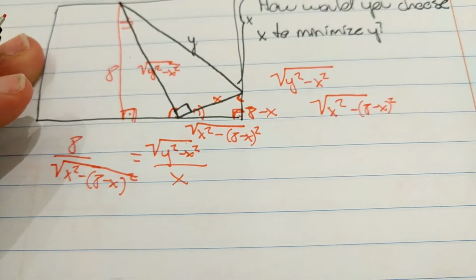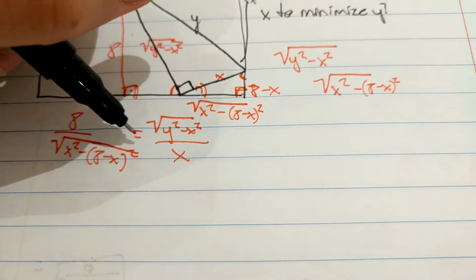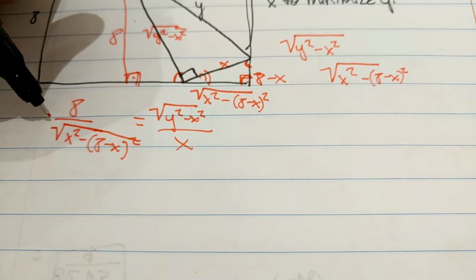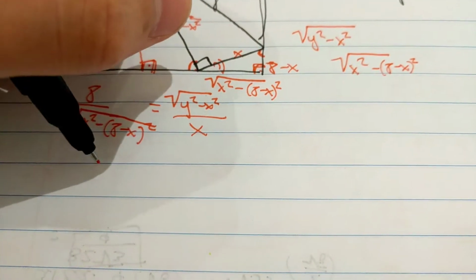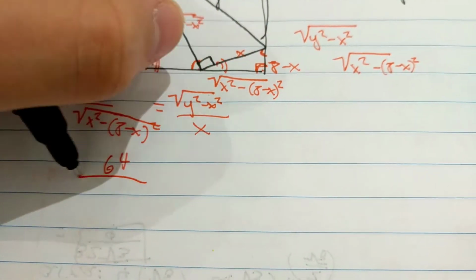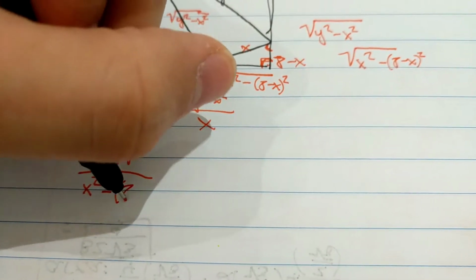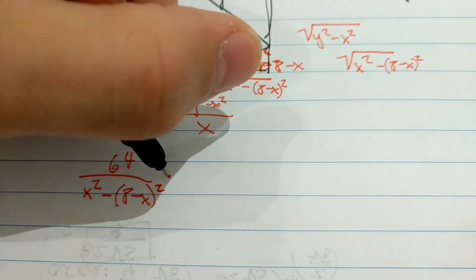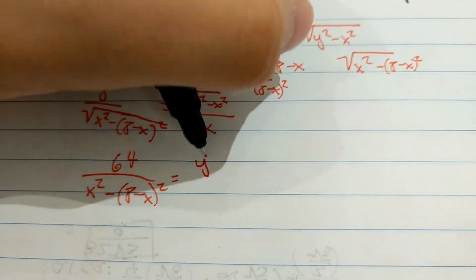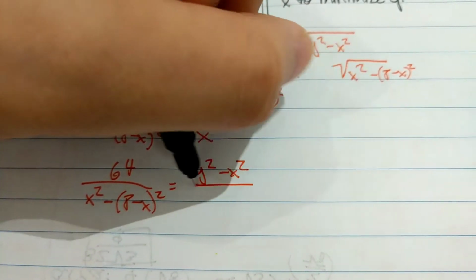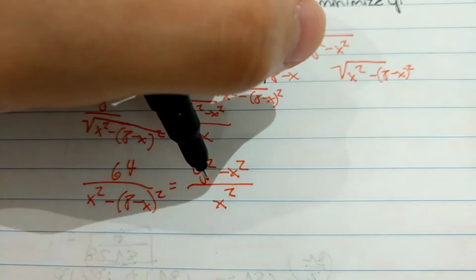And now I'm going to want to solve this in terms of y. I guess I'm going to square both sides, so I can say 64 over x squared minus (8 minus x) squared equals y squared minus x squared over x squared.